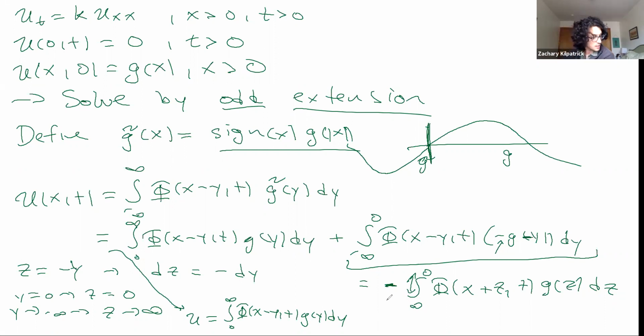And then, sorry, this should be a plus here, because of my dz term. That's the one thing I missed. I pulled the minus out, but then this dy becomes a minus dz, so this should be a plus.